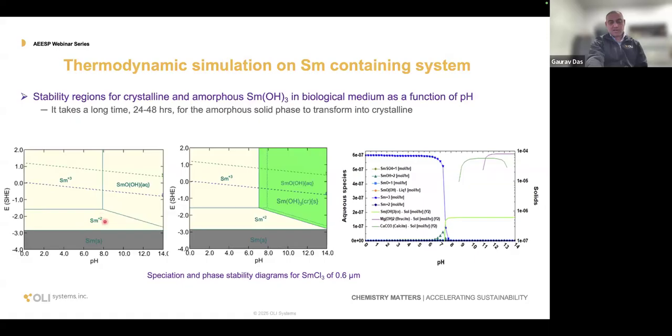Samarium 2+ is unlikely to dominate or form, since its stability region lies outside the water stability region in this diagram.